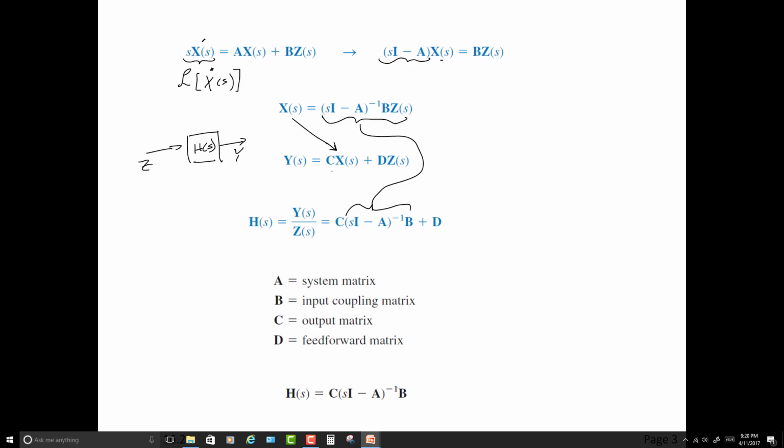But this thing called D, this feed-forward matrix, once we've formed the ratio of y over z, that D is that feed-forward matrix. This is true when D equals 0, this feed-forward matrix, which is quite commonly the case.